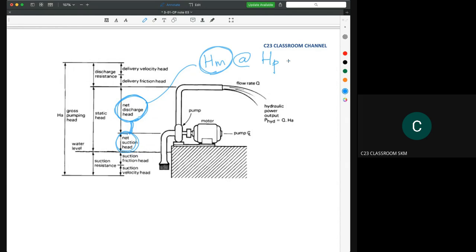And then the delivery velocity head here refers to V squared over 2g. So this is the velocity head, V squared over 2g. And then the friction here refers to the losses. Actually, this is all about the Bernoulli equation that we learned in fluid mechanics 1.